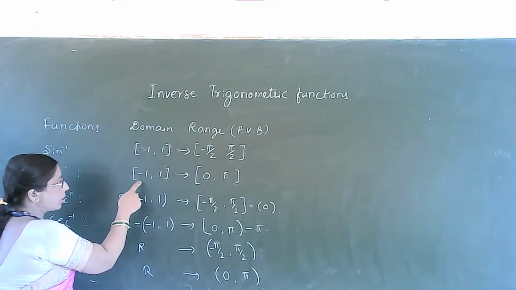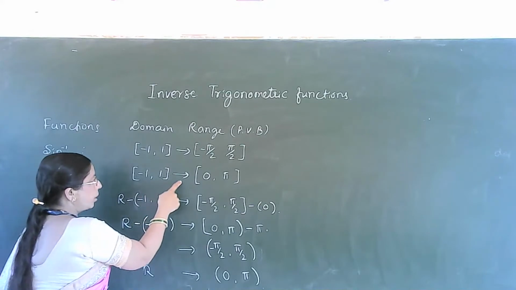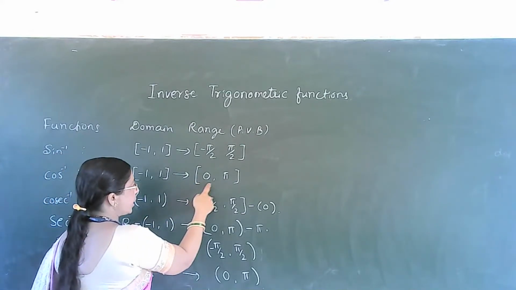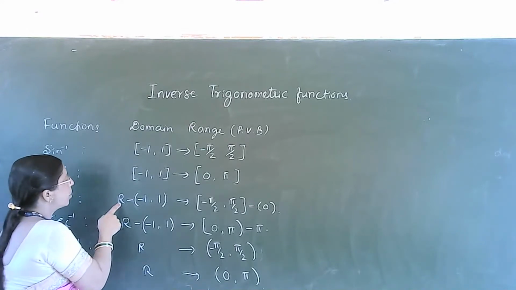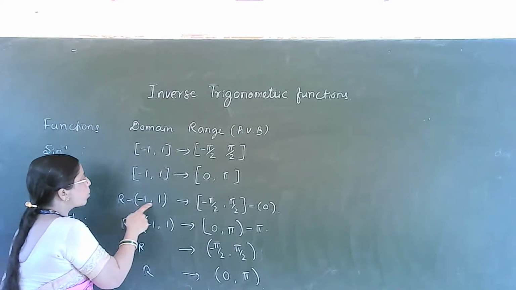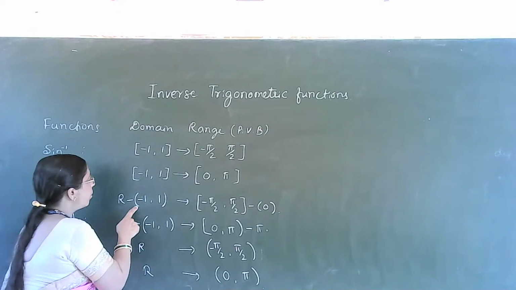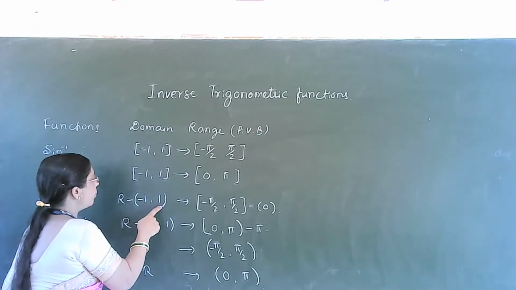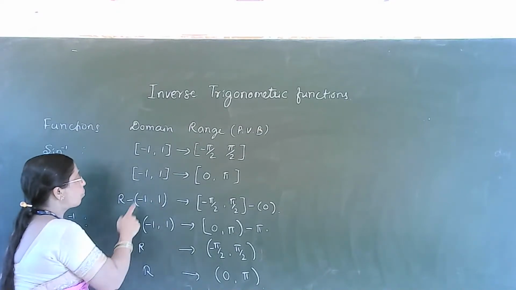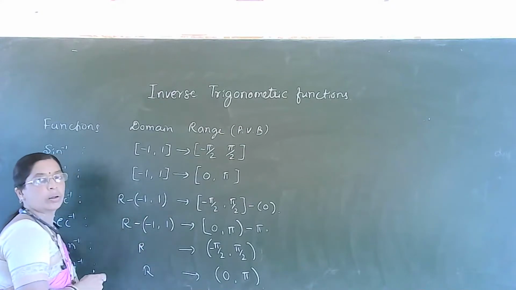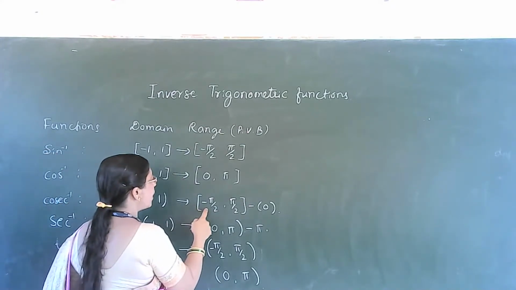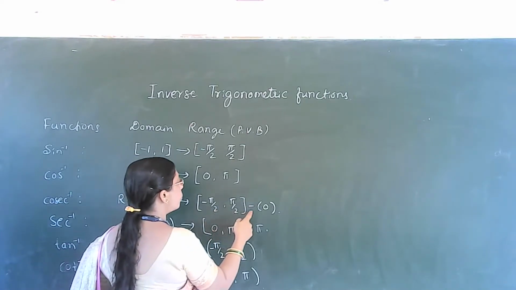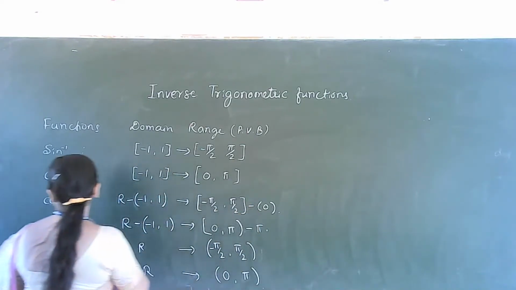In cos inverse, the domain is -1 to 1 and the range is 0 to π. Then cosec inverse: R minus (-1, 1). Here -1 and +1 form an open interval. The range is -π/2 to +π/2 minus 0.